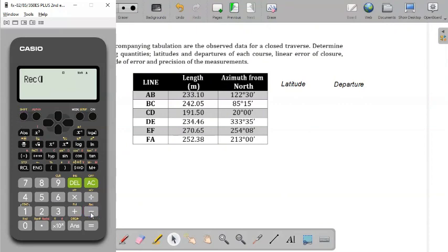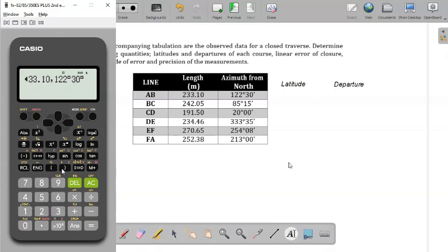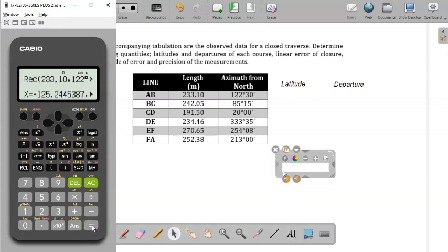So this one is 233.10 and then shift, 122 degrees, then 30 minutes. All right. So we write down 125.245.